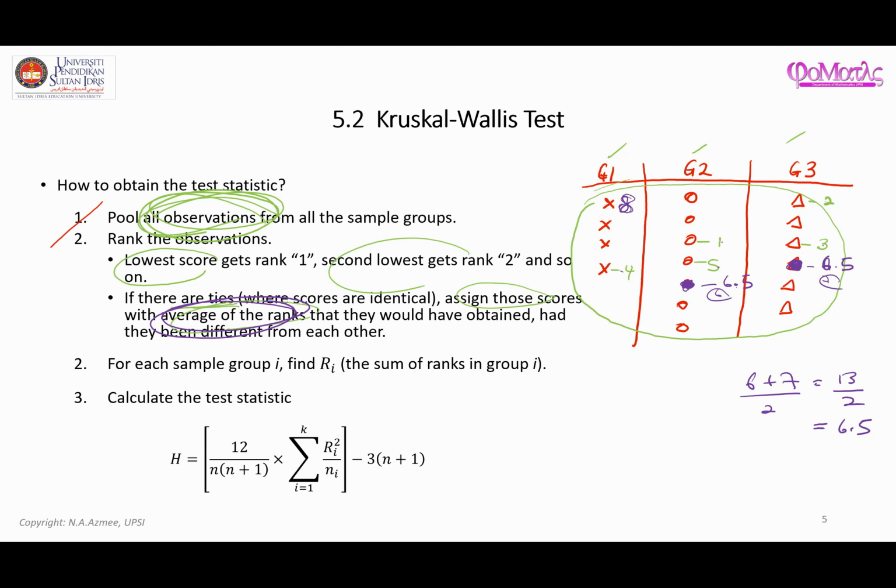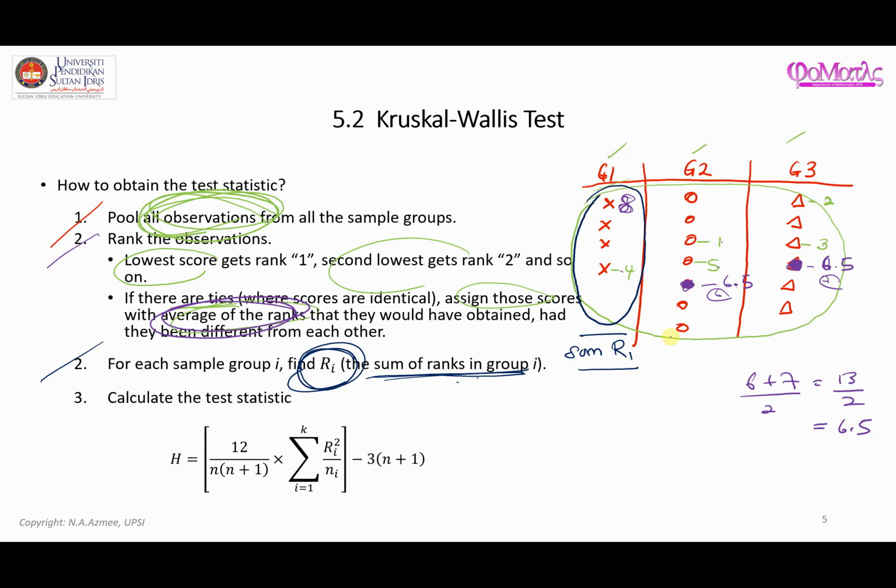Now, once the ranking process is done, what you need to do is find the sum of ranks in each group. So look at this particular group, and find the sum of it. This is R1, the sum of ranks in group 1.